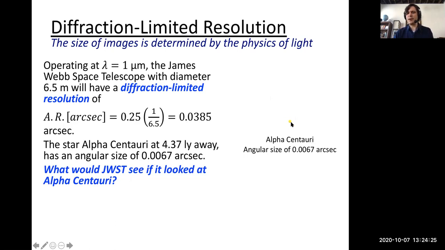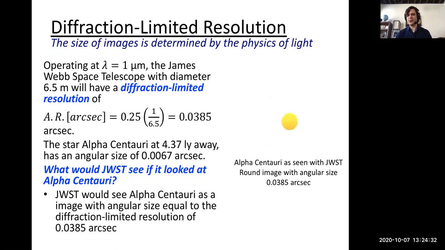So even though that's Alpha Centauri's true angular size, the James Webb Space Telescope wouldn't see just the star, it would see a blurry blob that has a size of 0.0385 arc seconds, because that's the smallest image that it can make. So we see a blurry 0.0385 arc second image of the star, even with this giant space telescope. It has not launched yet. Hopefully it'll be launching soon.